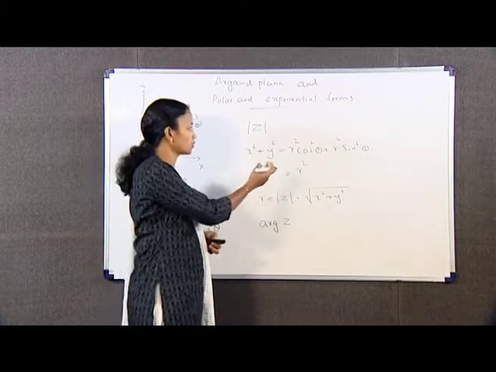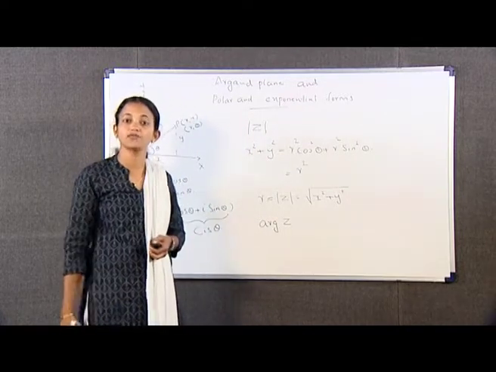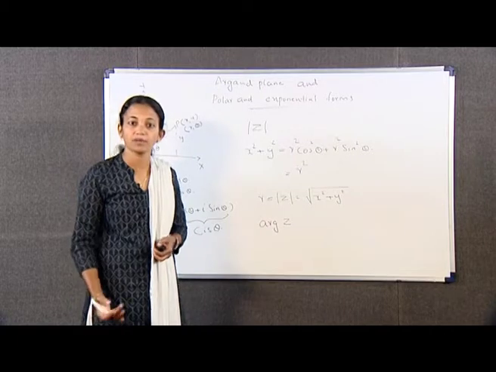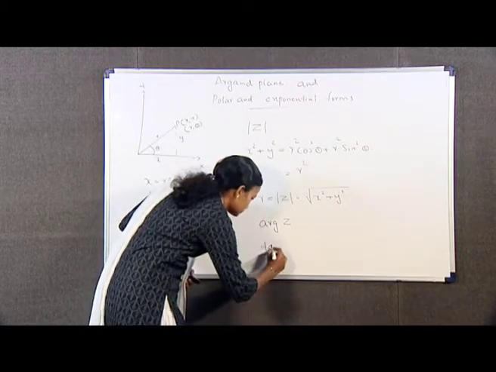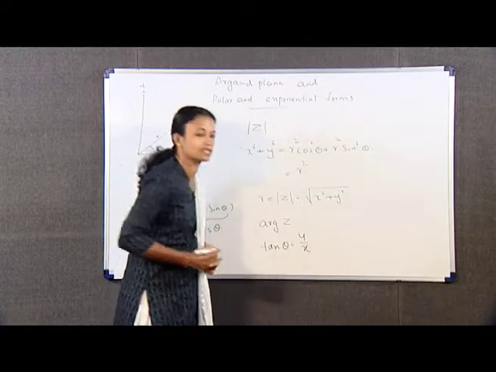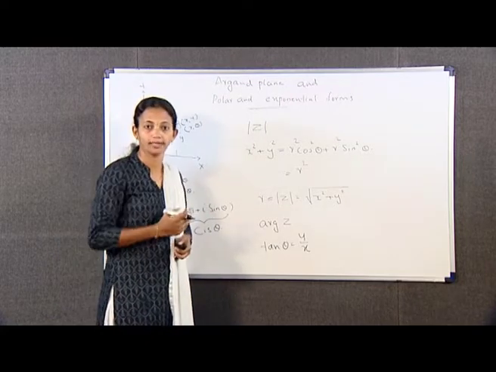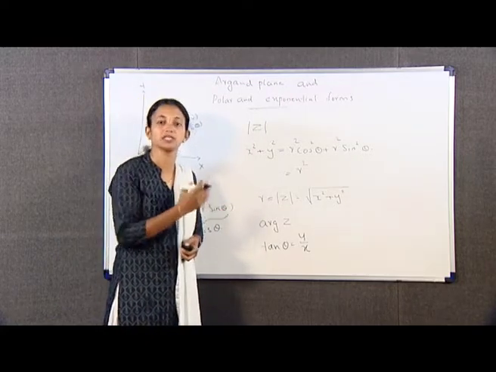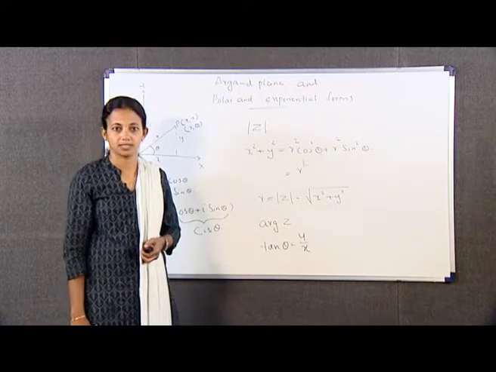Using x is equal to r cos theta, y is equal to r sin theta, the value of theta can be determined from the equation tan theta is equal to y by x, where the quadrant containing the point corresponding to z must be specified. Principal value of arg z.